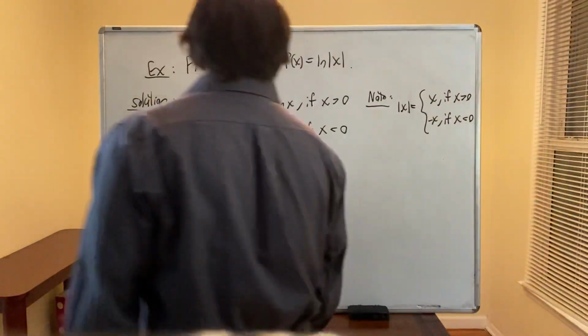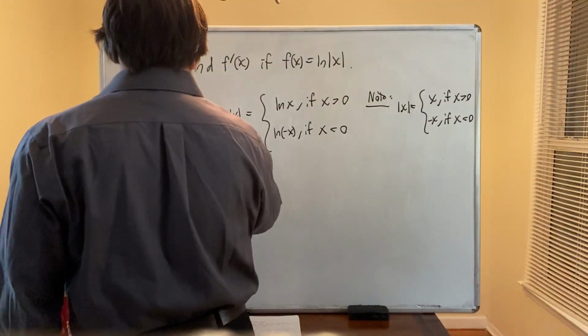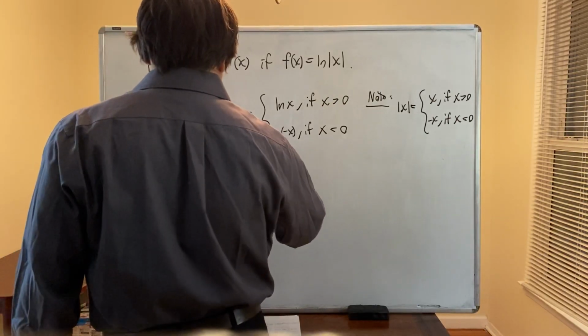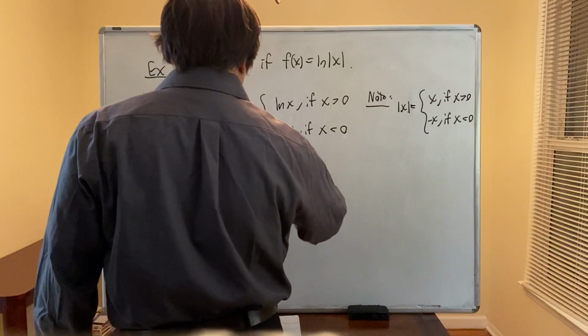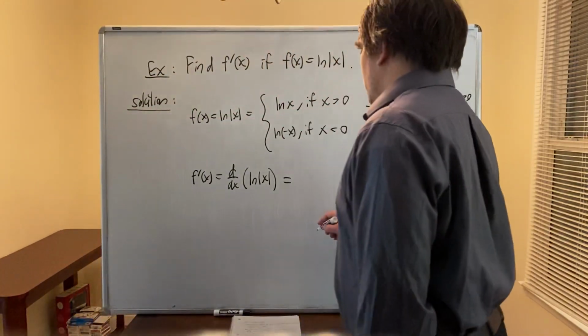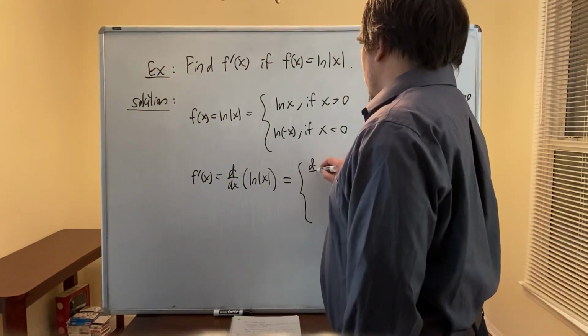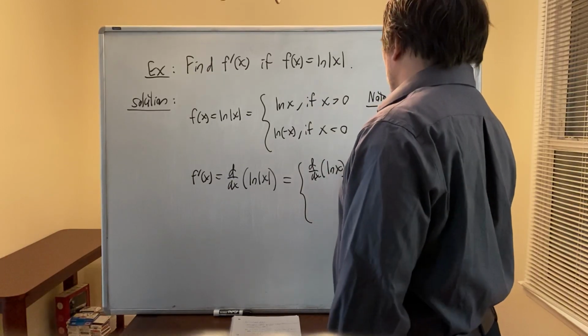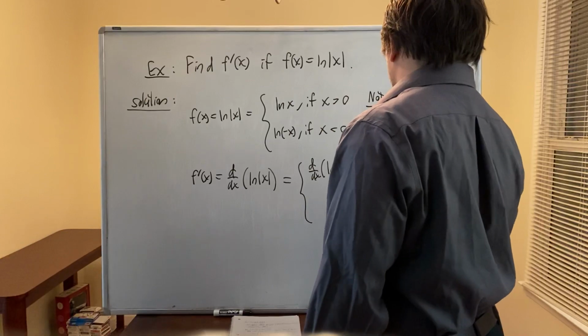Okay, so now let's find f prime of x. F prime of x, which is equal to the derivative of ln of the absolute value of x, is equal to the derivative of ln x if x is positive, which is equal to 1 over x if x is positive.